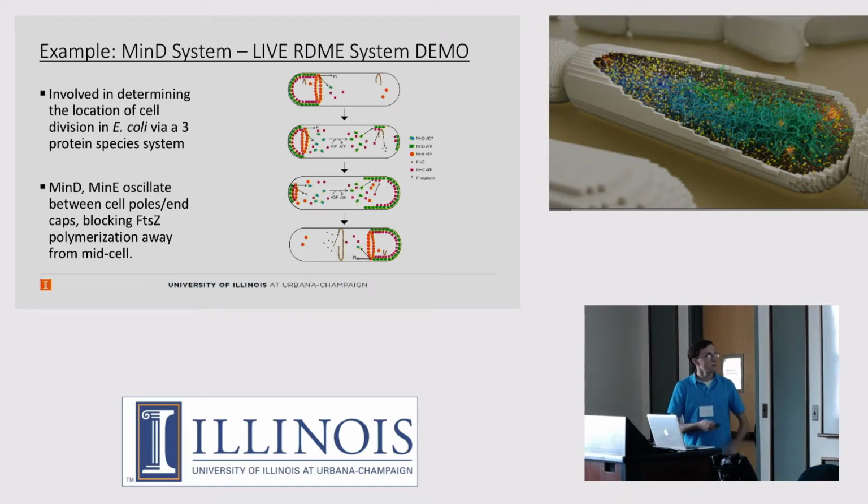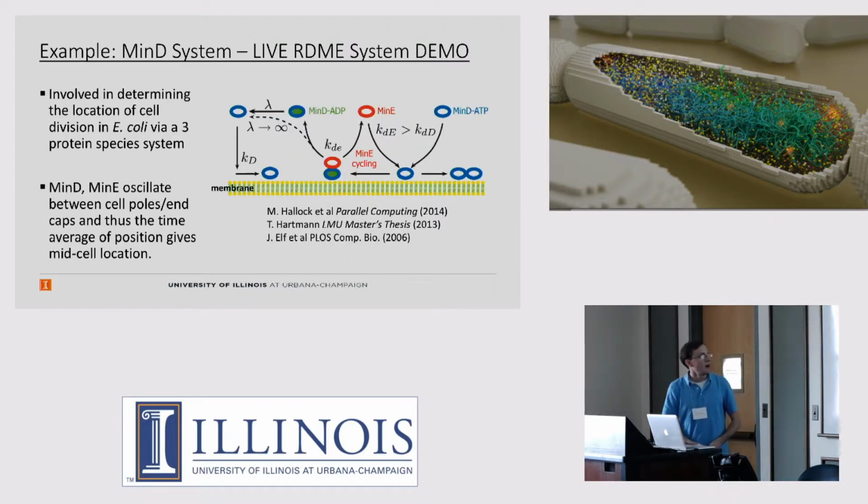Two of these proteins, MinD and MinE, will oscillate between the cellular poles and prevent another protein, FtsZ, from binding at the ends of the cell and eventually localize it towards the center of the cell, so that when this cleavage happens, it happens in a uniform and equal manner.